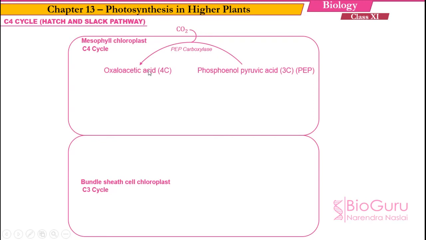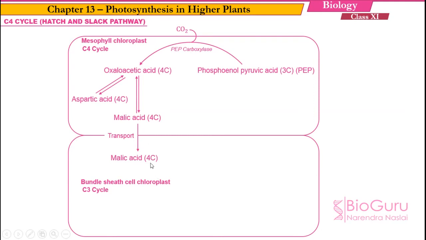After formation of oxaloacetic acid, it gets converted into other 4-carbon acids, that is aspartic acid and malic acid. These acids get transported into the bundle sheath cell chloroplast. So the malic acid, which is formed from the oxaloacetic acid, is transported to the bundle sheath cell chloroplast.